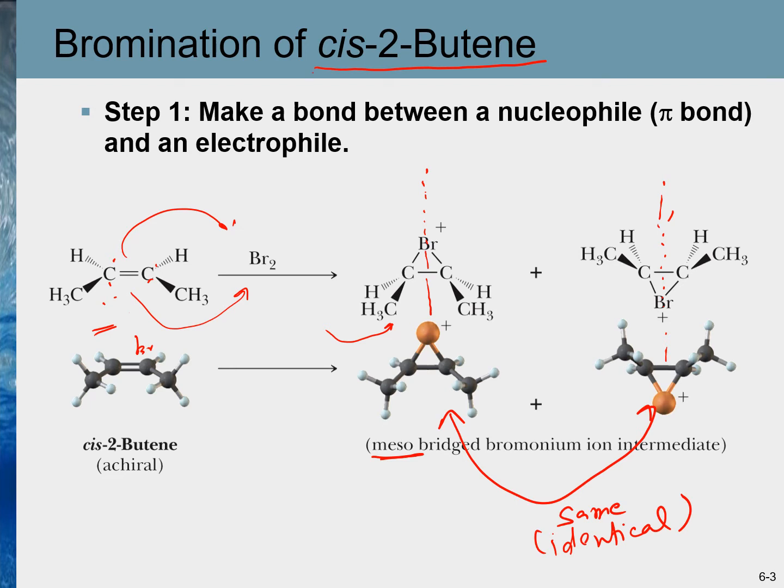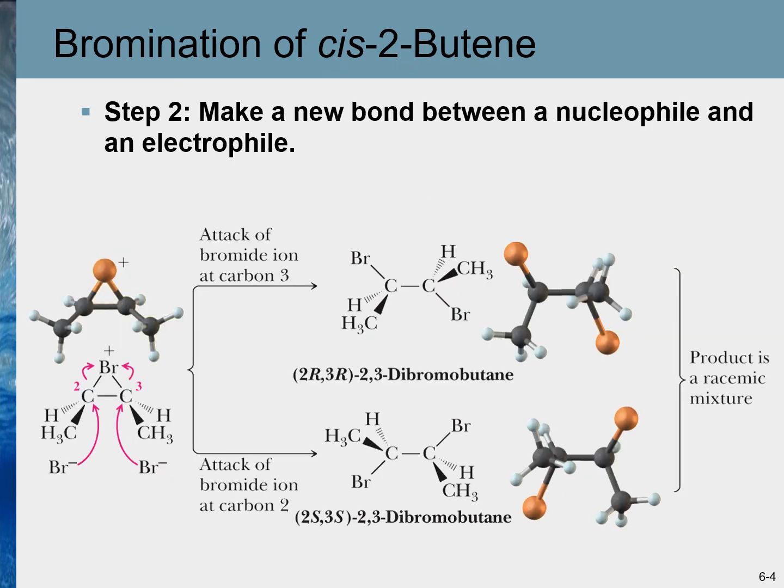If we start with this cis-2-butene, let's see what happens in the next step. As we learned, both bromonium intermediates are identical, so we only need to start with one. The other one will give the same products.